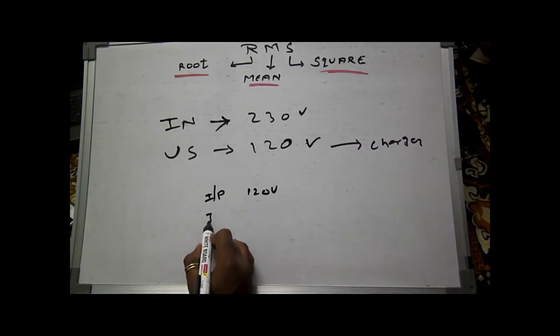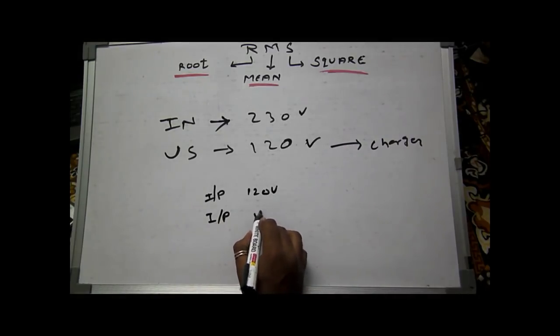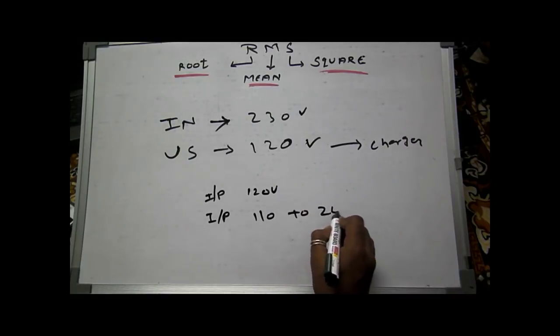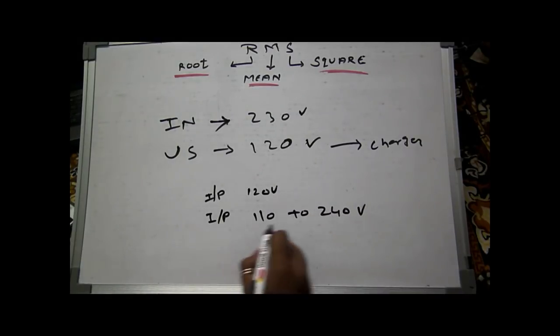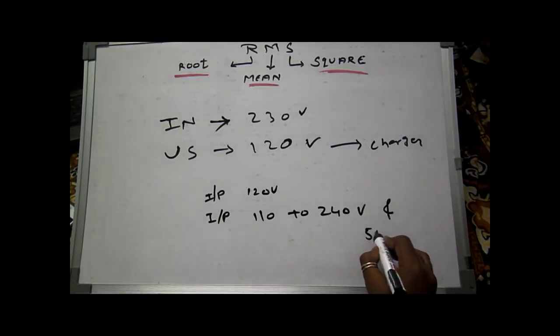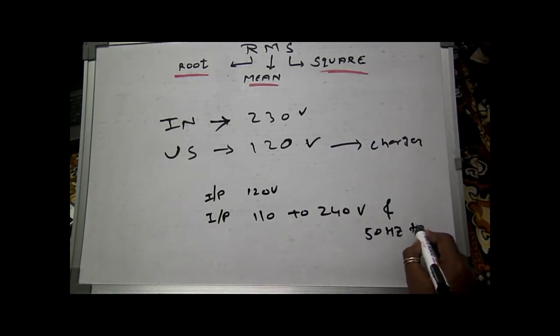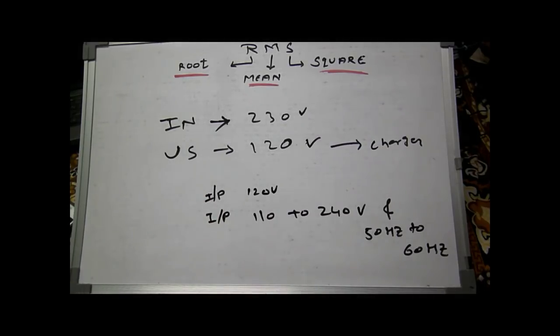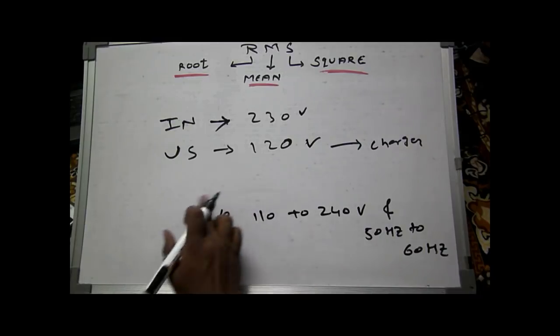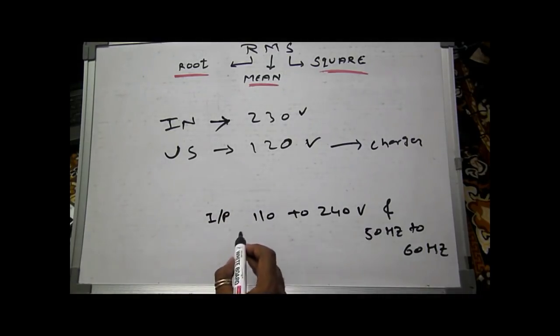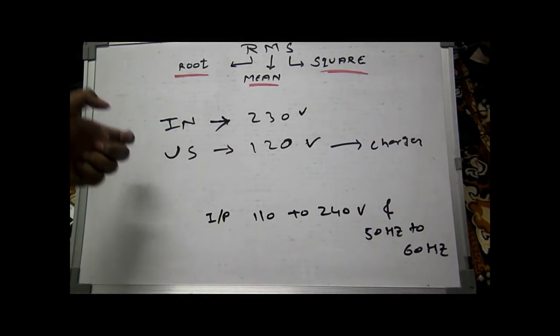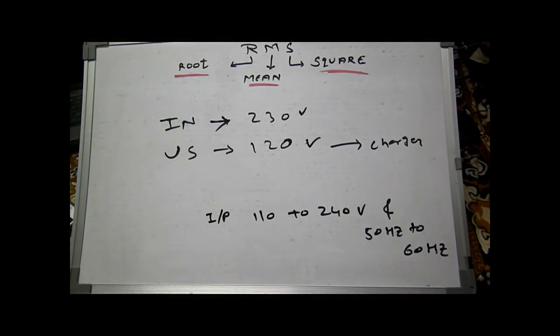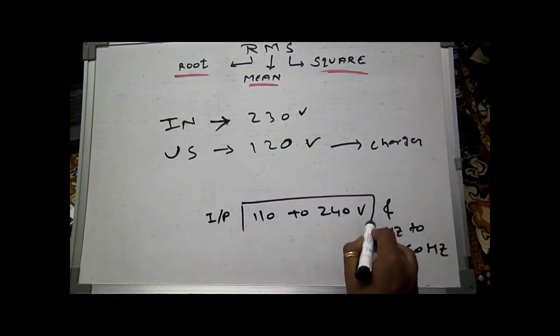Instead it will be written as input voltage 110 to 240 volts, and 50 hertz to 60 hertz. This is the specification in which that product is made. So that product will work in the USA, in India, and in other countries whose voltage rating is in this window.